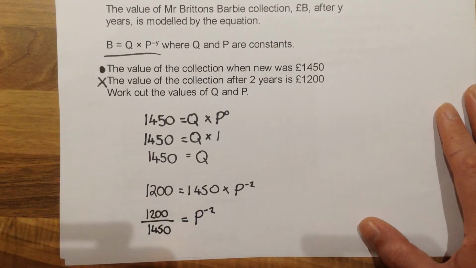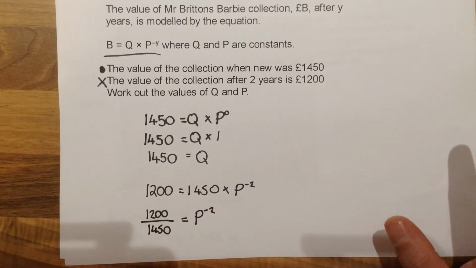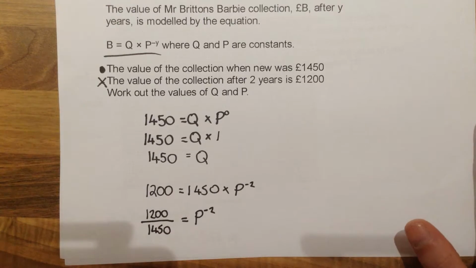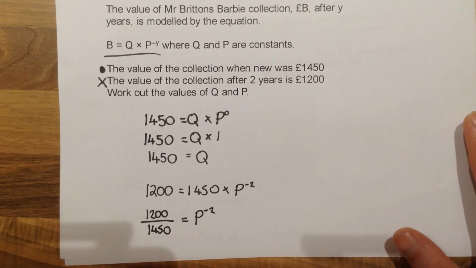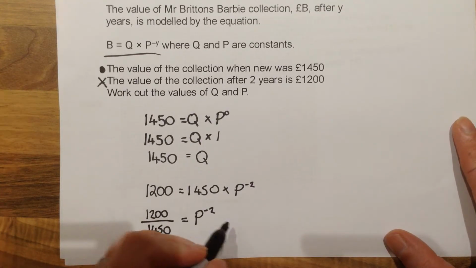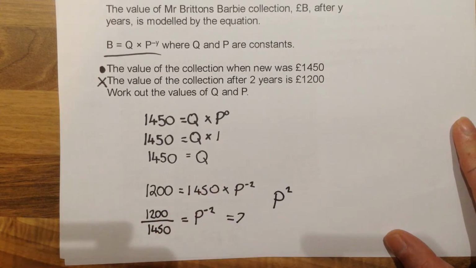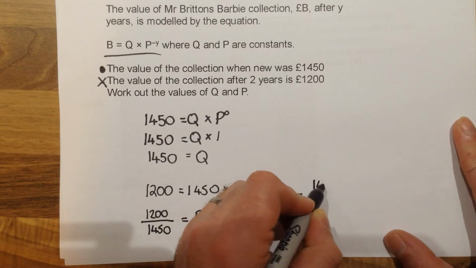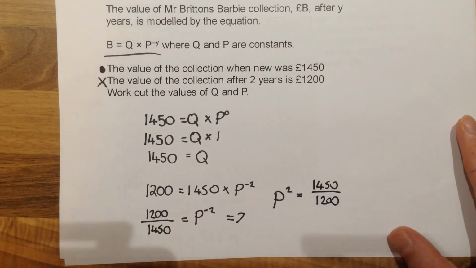Now at this point, it actually does get a little bit confusing. So if this is the bit that you don't understand with the question, that's fine. A negative power, remember, means that we do 1 over it. Or in the case of a fraction, we would have to flip it upside down. So we would get from this that P squared is equal to 1,450 divided by 1,200.